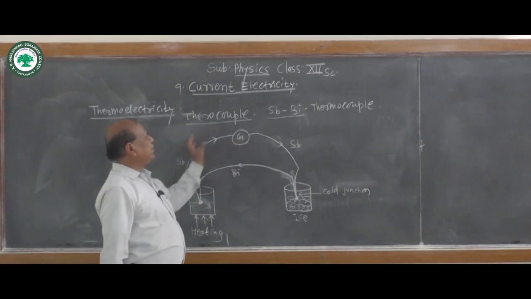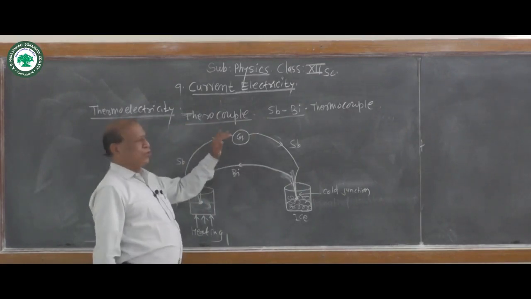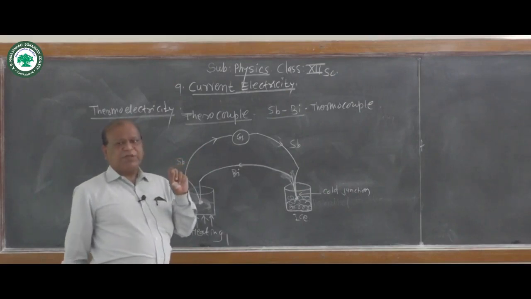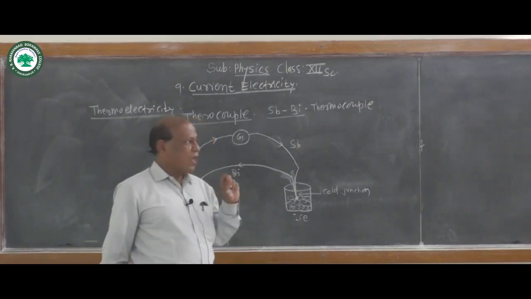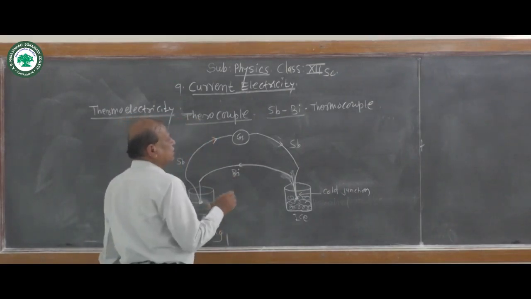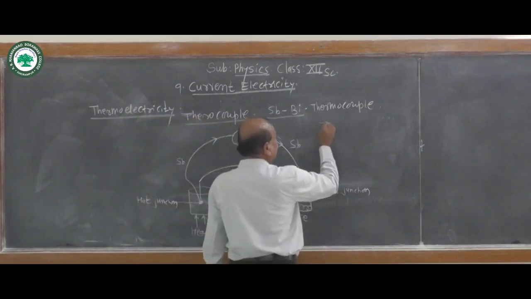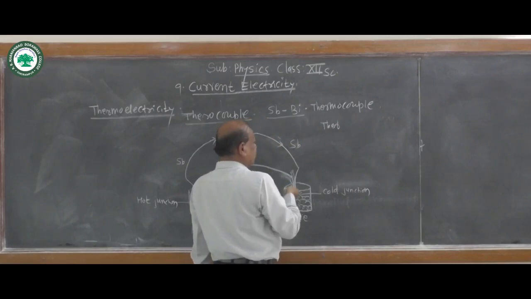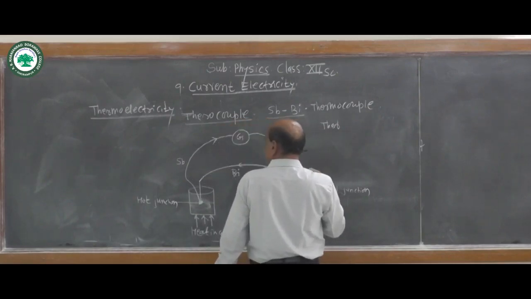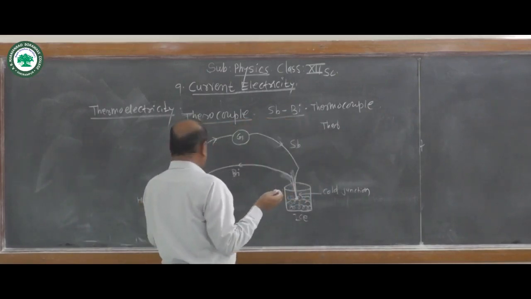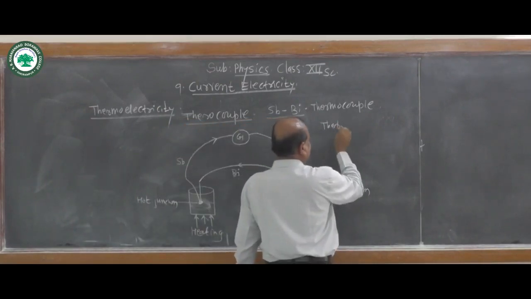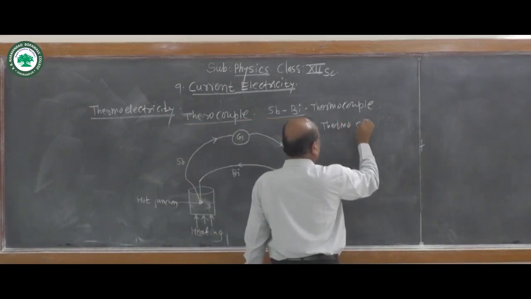Then EMF is generated through the circuit. This generated EMF is very low and is known as thermo EMF. It is the EMF generated from these two junctions when current flows from the hot junction to the cold junction.